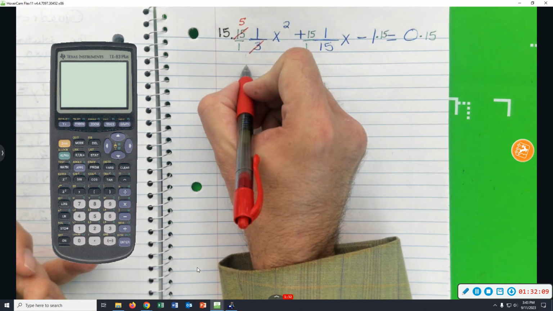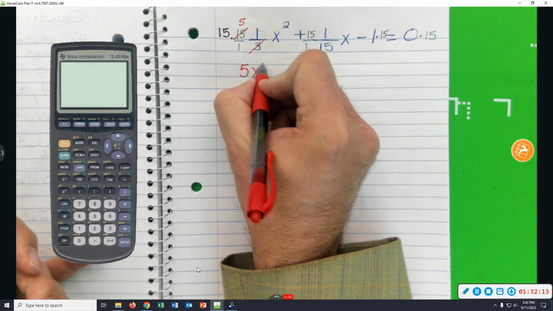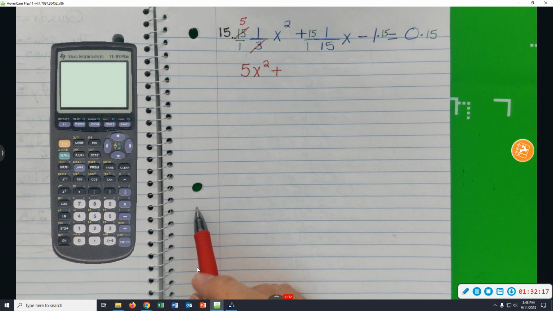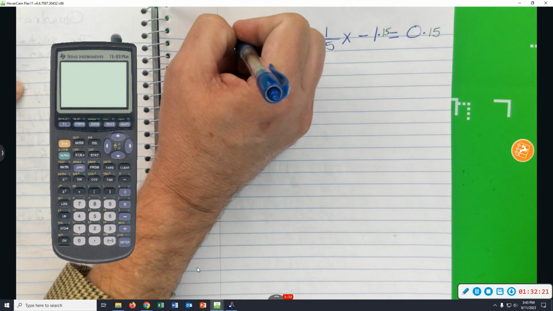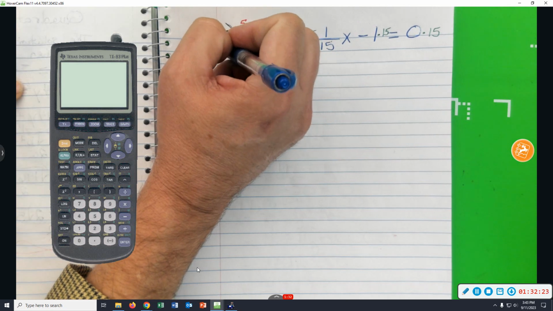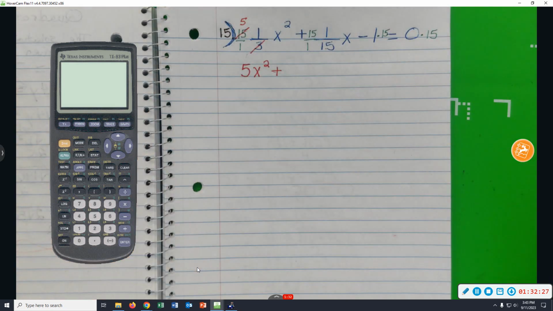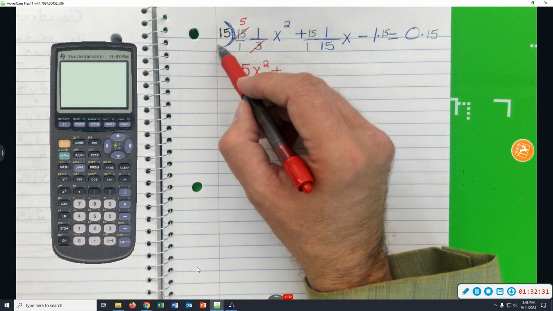5 times 1, what's that first one going to be there? 5x squared. Okay, y'all tell us what the next term's going to be. Problem number 15 is bothering me, because it looks like it's 15 times 15 there.